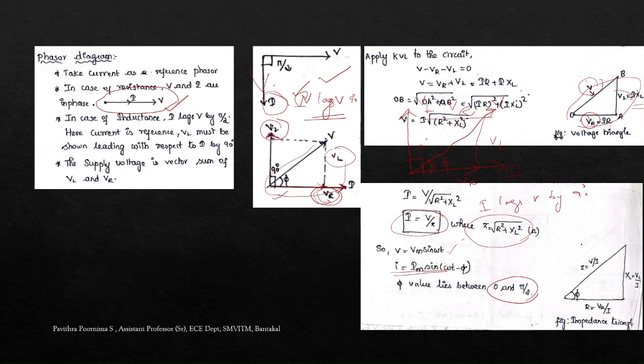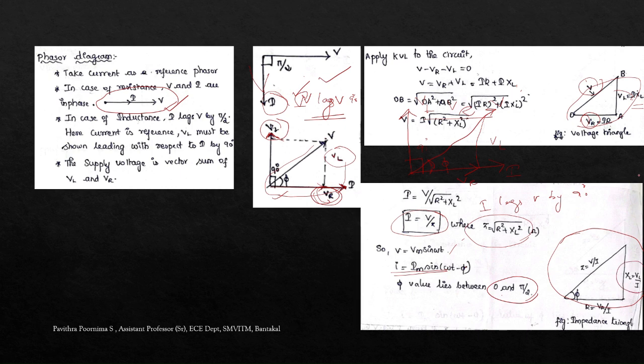And we have one more triangle called the impedance triangle. If you represent all the sides in terms of impedance, then it is an impedance triangle. So R, this lower side, is for the resistor. R equal to VR by I. And this side is VL.